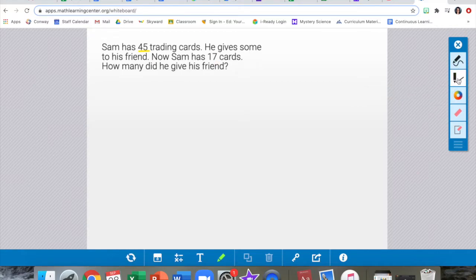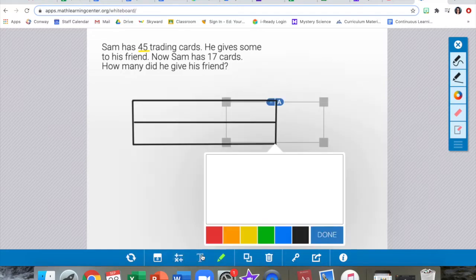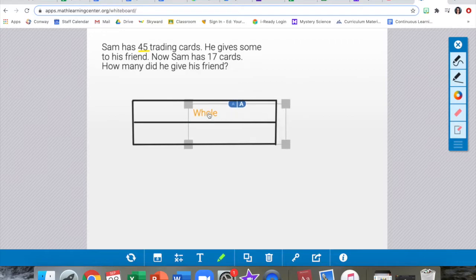So let's set up a part-part-whole chart. I'm going to make a rectangle like that. So in this rectangle, we've made two equal pieces. The whole is the top piece.